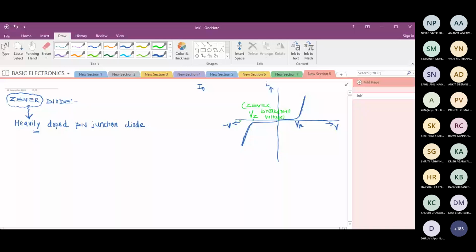Why? What is the reason? Because after a certain voltage, it will conduct. Okay, but why did I mention reverse bias? Why not forward bias? Why can't I use this diode under forward bias condition for some application? Because then it will be the same as a normal diode.